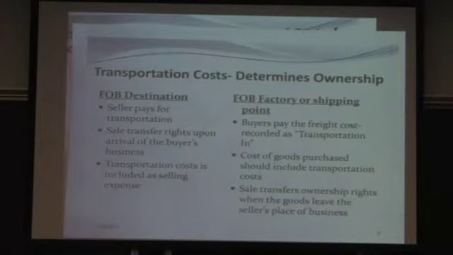If the shipping term was FOB factory or shipping point, it means that the seller on December 31st can recognize the goods as revenue even though the goods haven't arrived at the buyer's place of business. That's because the buyer has taken ownership when the goods leave the seller's warehouse.